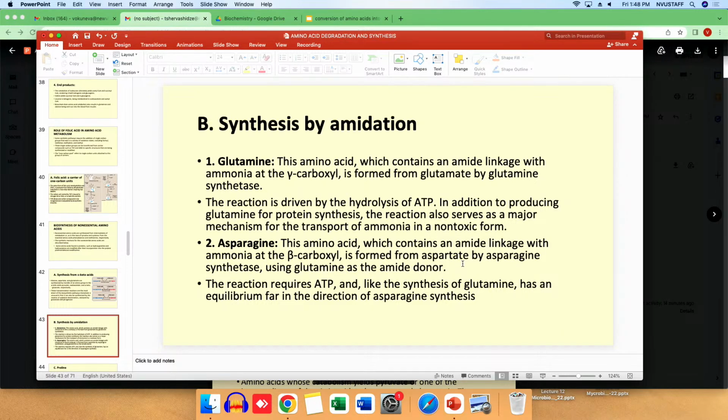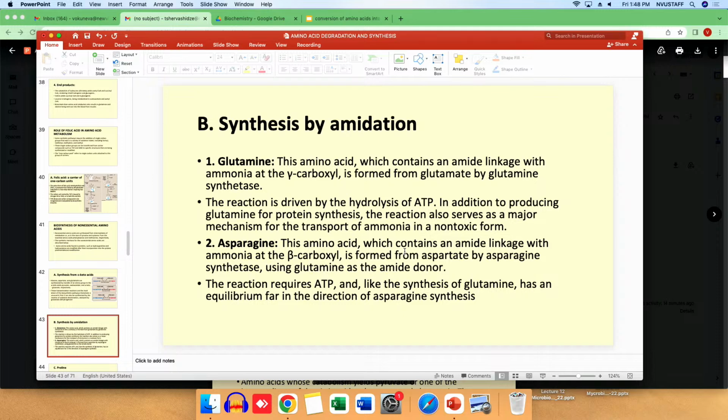So the names are so similar, aspartate and asparagine. They are two different molecular formulas, but derived from each other, very, very similar. The only teeny tiny difference is the amino group. And the enzyme that is responsible for the conversion is asparagine synthetase. Not difficult, I hope, to remember, right?